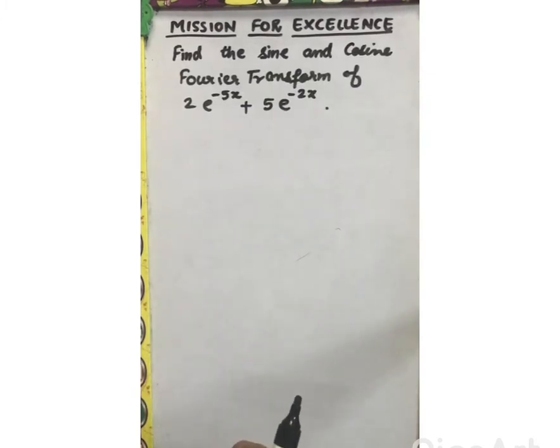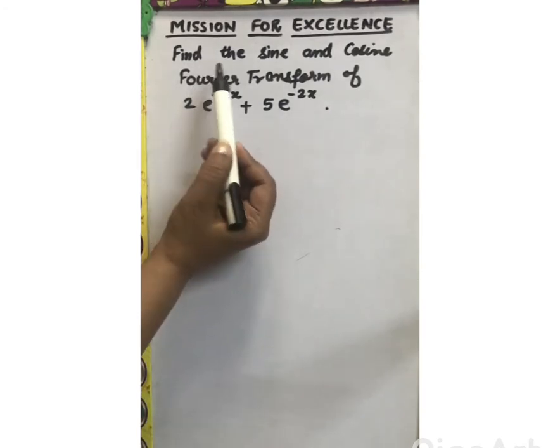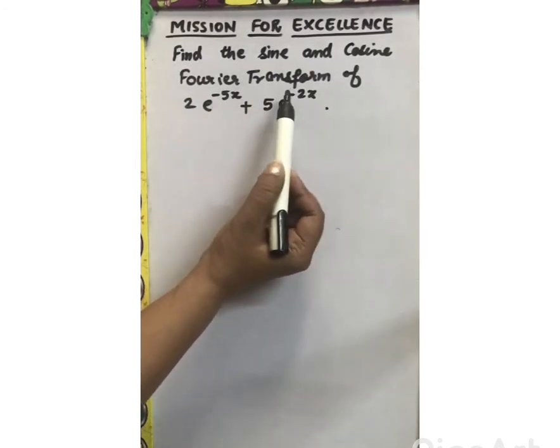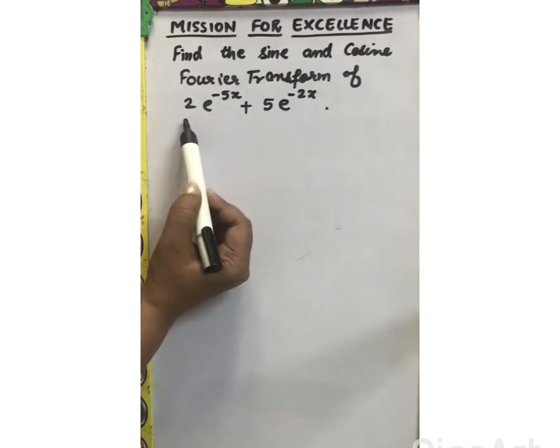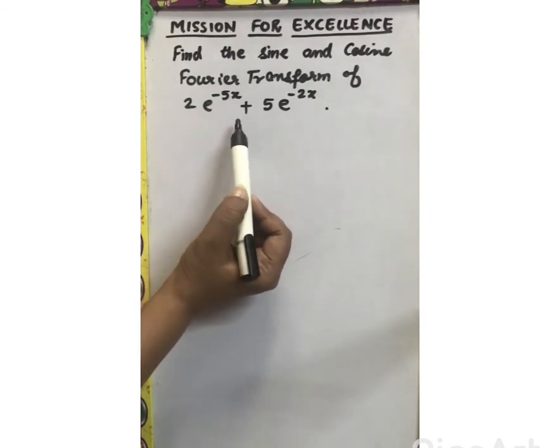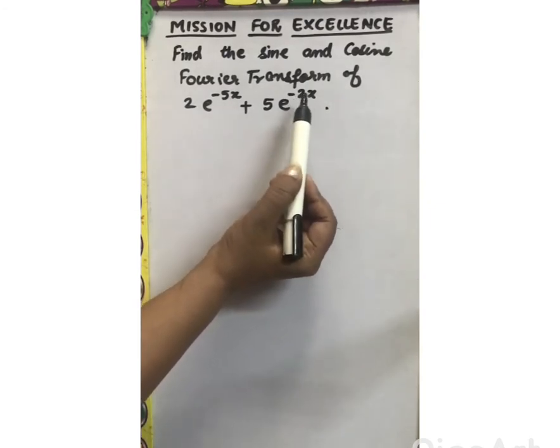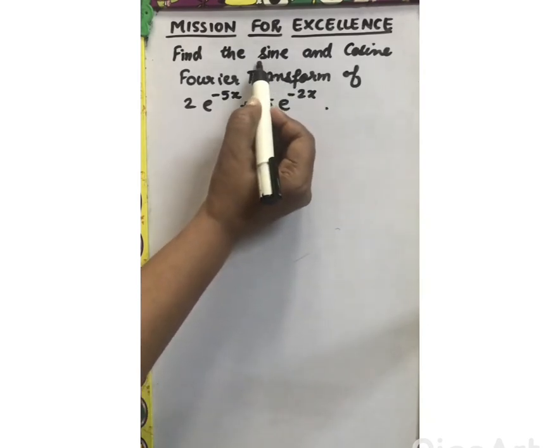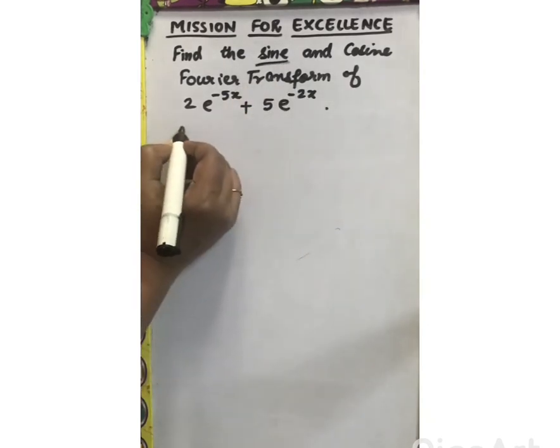Now let us do one question based on Fourier sine and cosine transform. Find the sine and cosine Fourier transform of 2 e raised to power minus 5x plus 5 e raised to power minus 2x. So first let us calculate the Fourier sine transform.